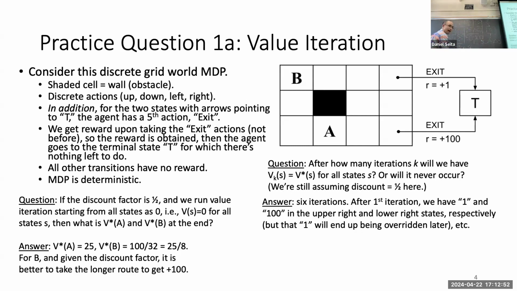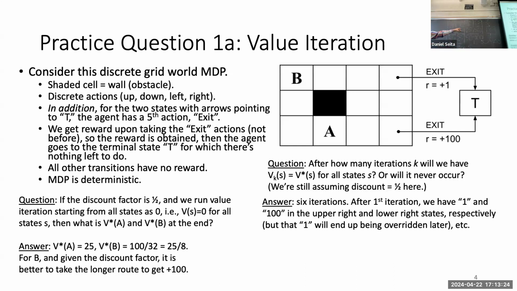All right, now after 5, this goes to 25 over 4. This is 25 over 4. That's 1 over 16. So this is after 5. So do we have to run one more?